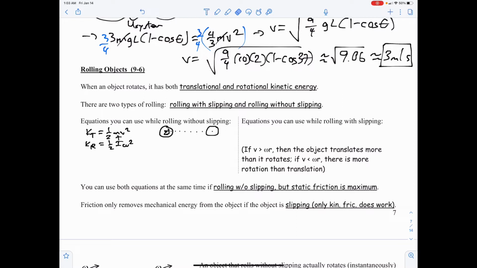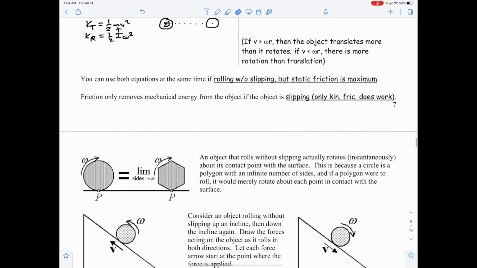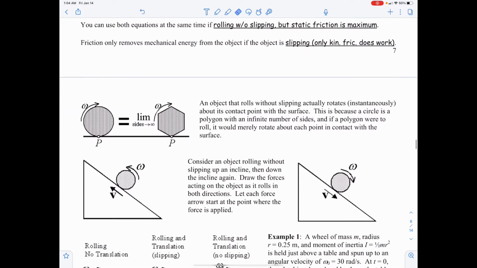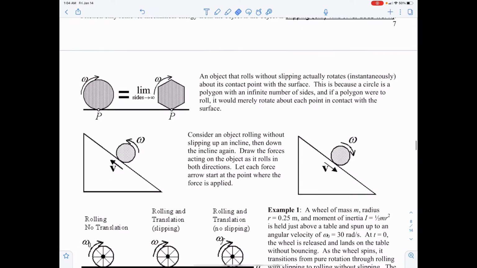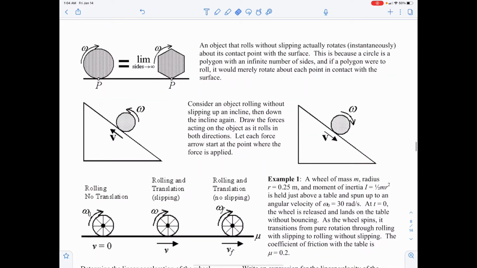Otherwise, friction causes a torque to make the wheel rotate. An object that rolls without slipping actually rotates instantaneously about contact points with the surface.